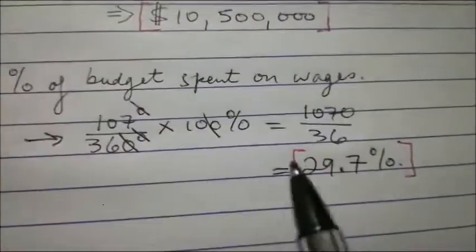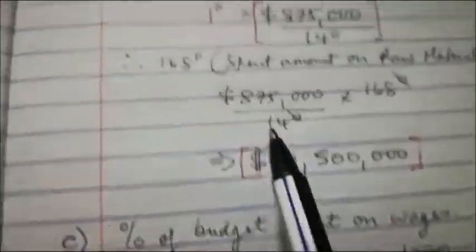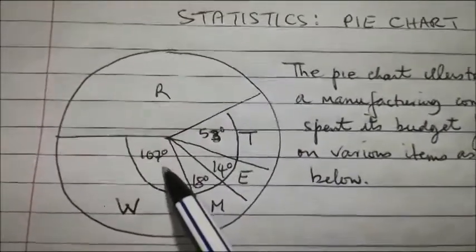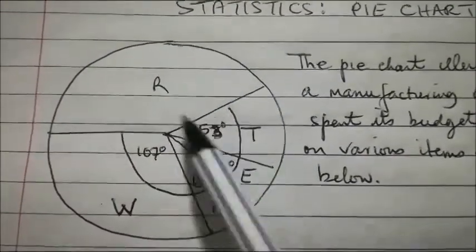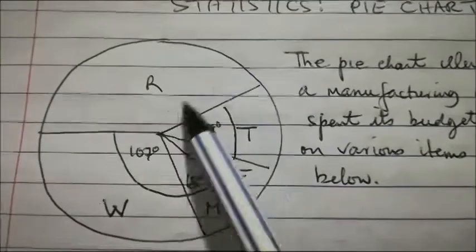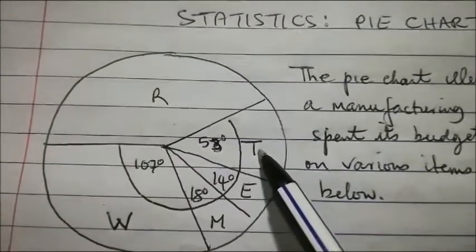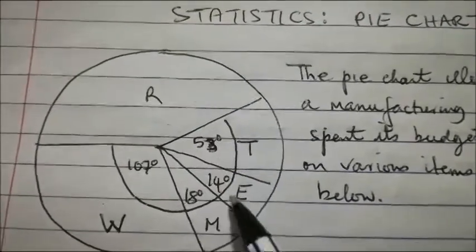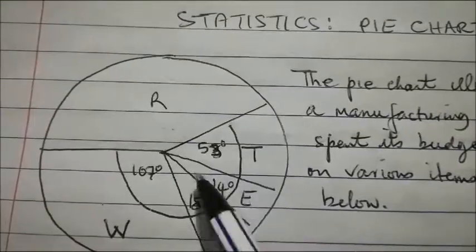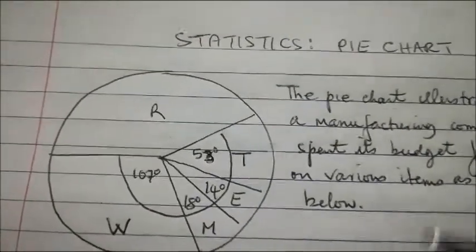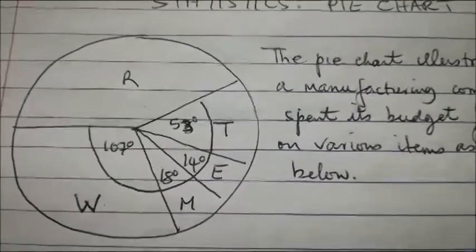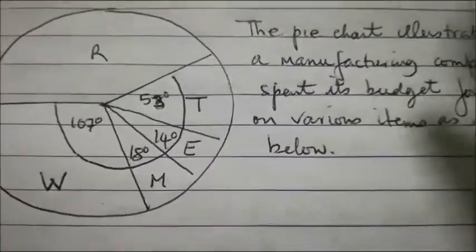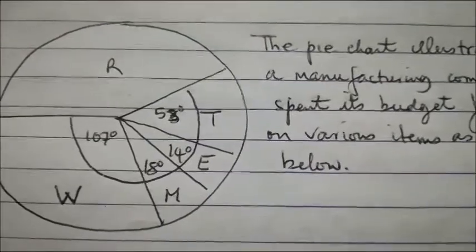So the key thing to remember with pie charts is that these degrees have a relationship with the items being mentioned in the pie chart. And once they give you the figure for one of the items, which you can associate with a particular amount of degrees, then you can extrapolate. You can use 14 degrees to represent that, and then you use 1 to represent a conversion factor.